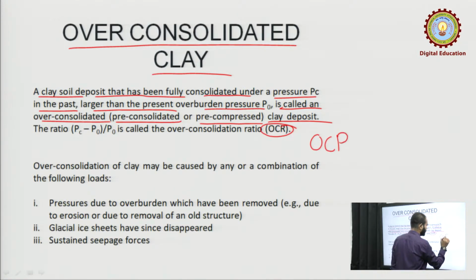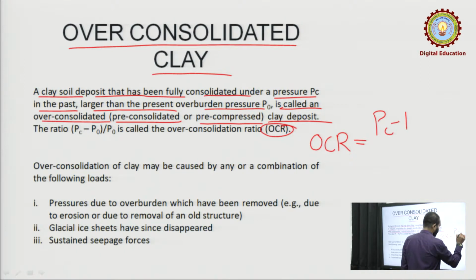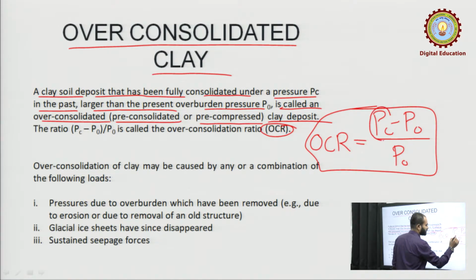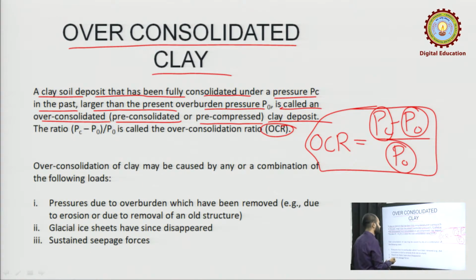OCR is the over consolidation ratio. It is a very important parameter because it helps us to understand whether a soil is normally consolidated, pre-consolidated or under consolidated. For the time being, just let the formula be consolidated minus initial upon initial.